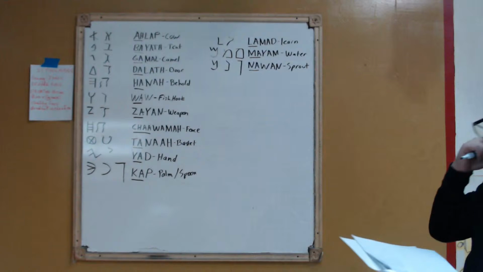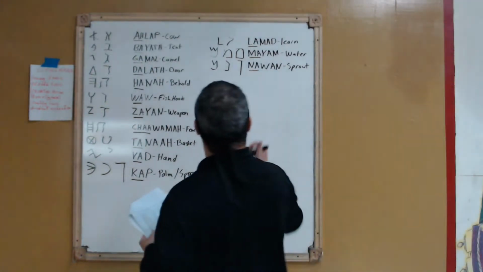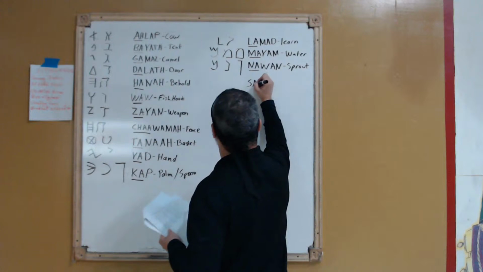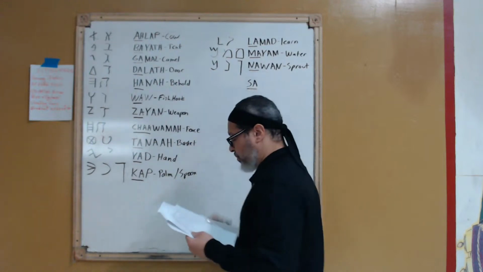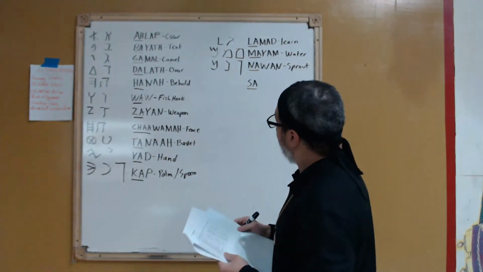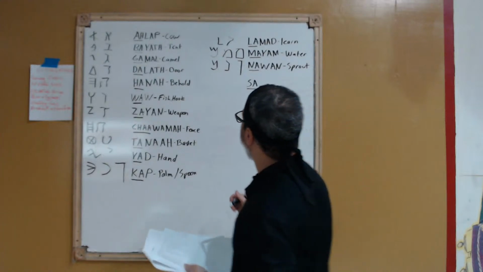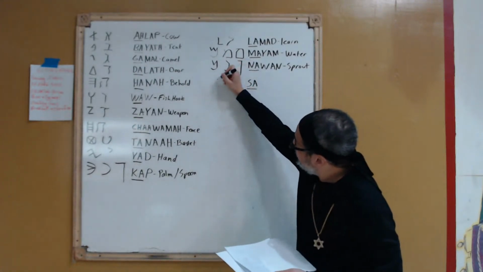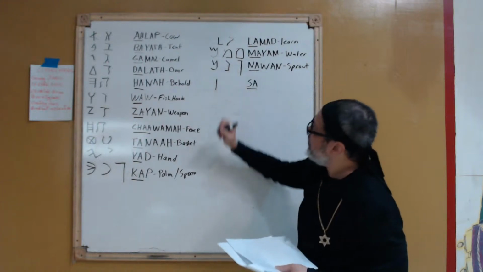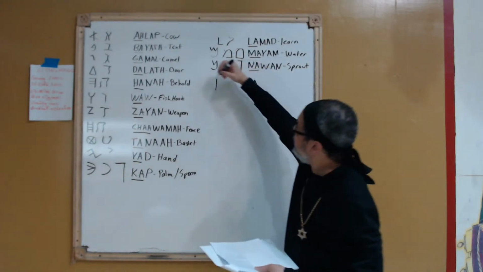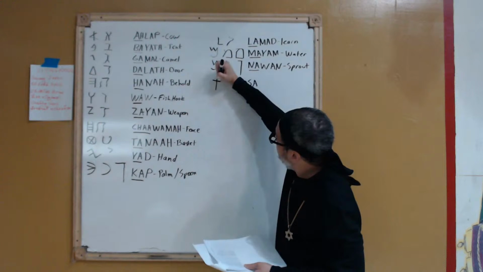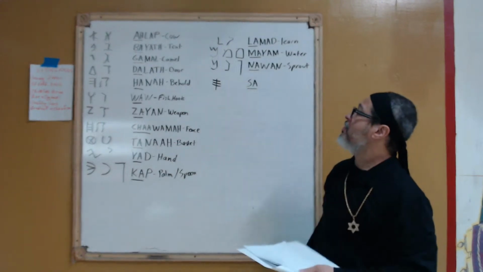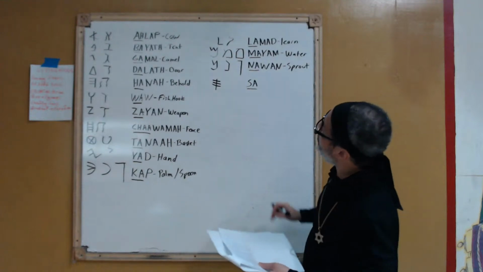Next, we have the sa sound, which is the S-A, sa. And the symbol for the sa in the ancient is a straight line down, and then 3 lines going across. So I might be a little crooked.